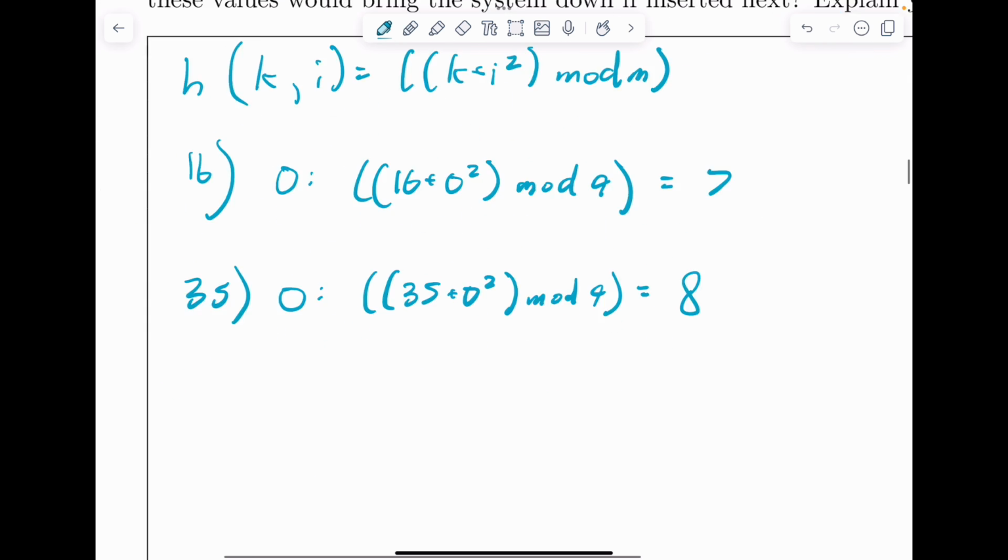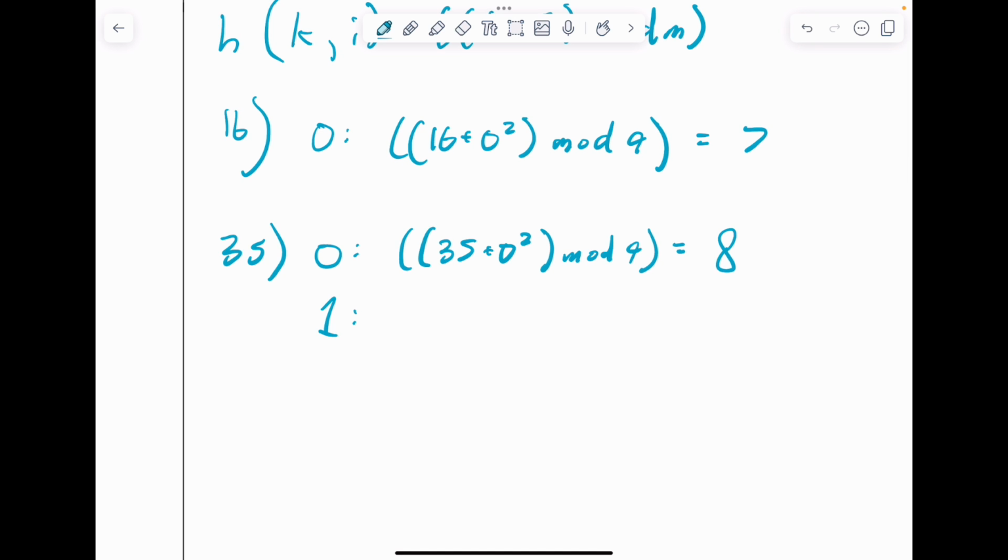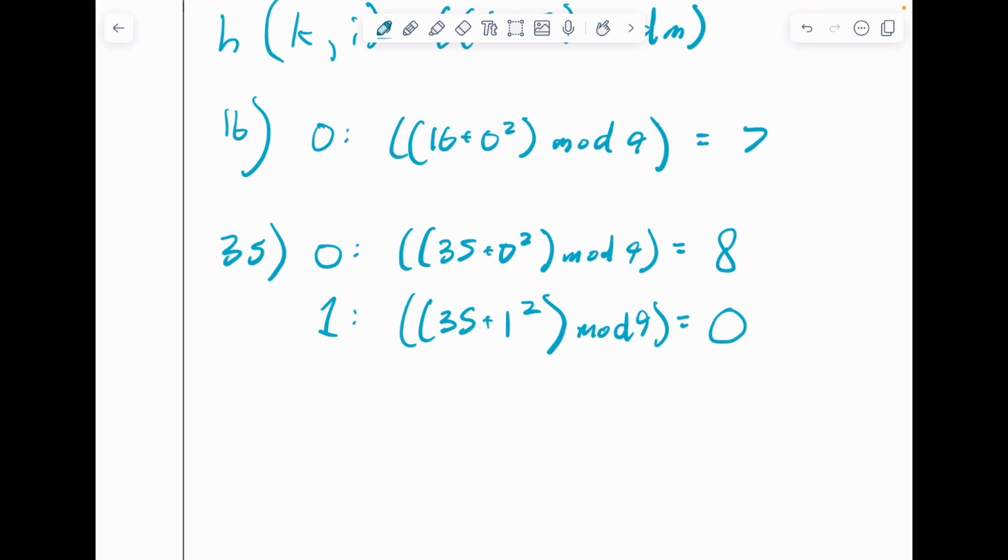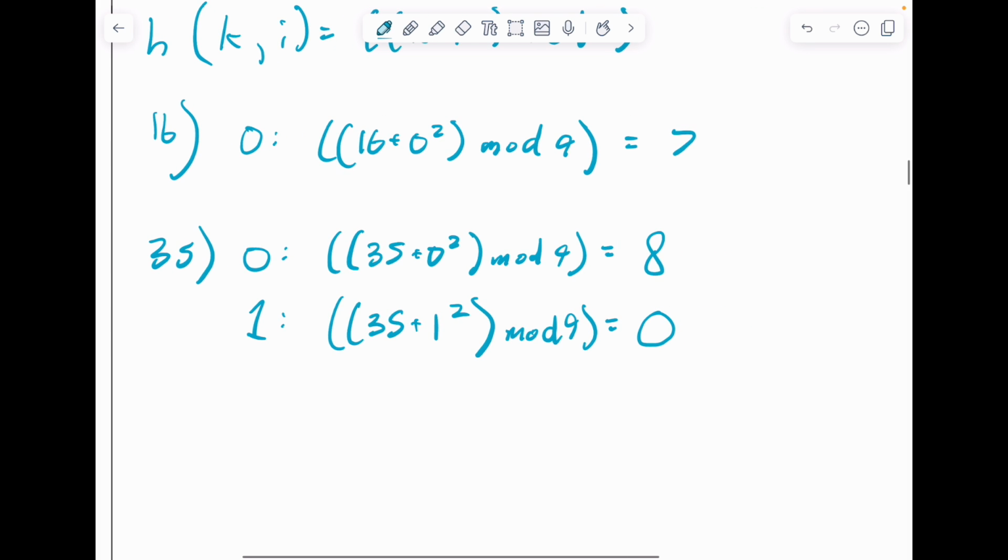So we need to do another probe. Now the second probe: 35 plus 1 squared, since with every future probe, i increases by 1, modulus 9. 36 modulus 9 is a clean 0. 36 divided by 9 is a clean 4, so there's no remainder.